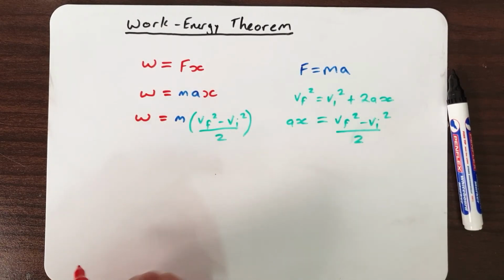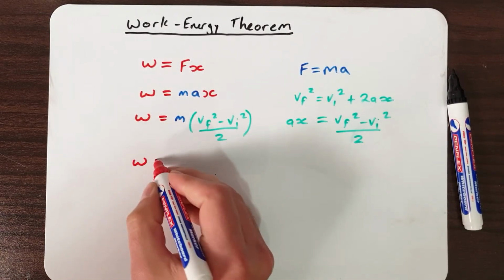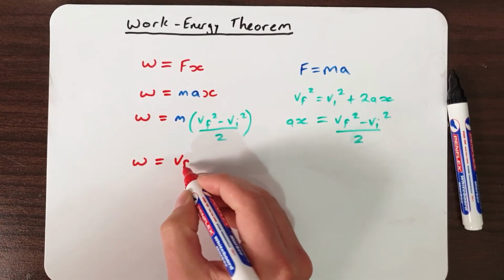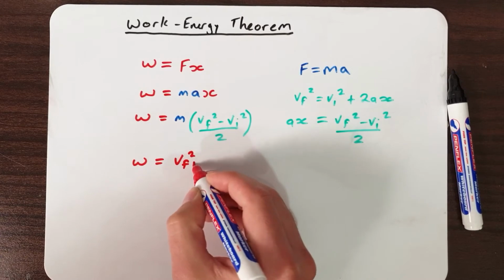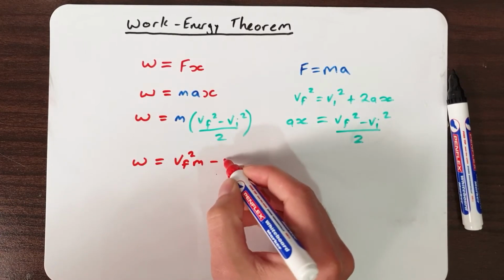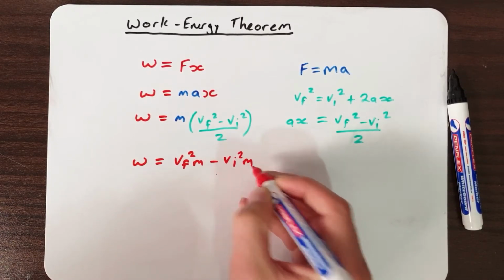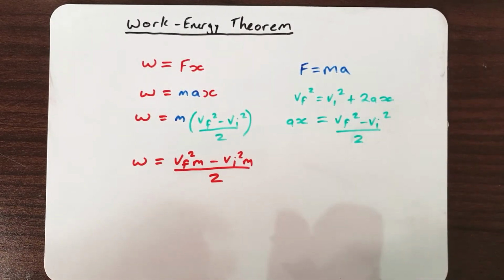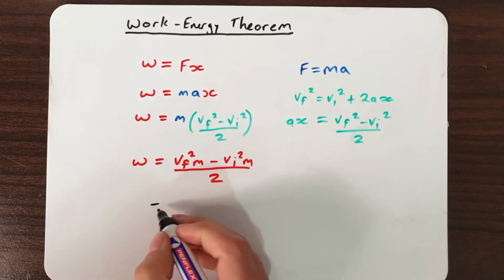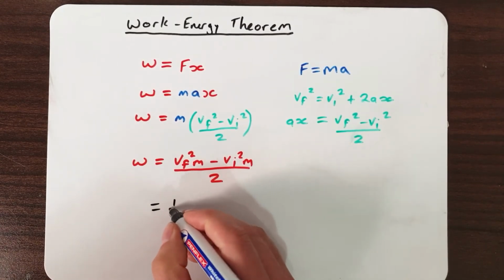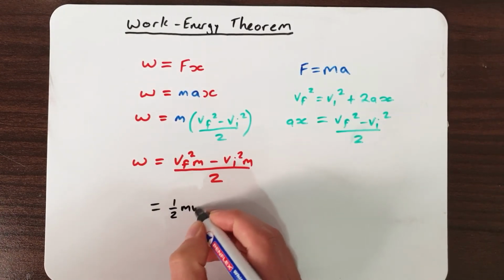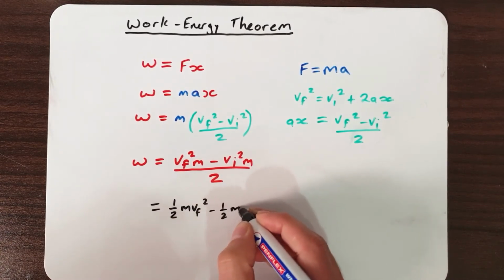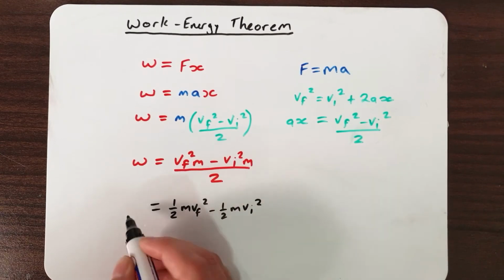Okay, so now we're going to multiply the mass in. That means we will then get vf squared m minus vi squared m, over 2. If we simplify this to look a little bit more normal, we can then get half m vf squared minus half m vi squared.